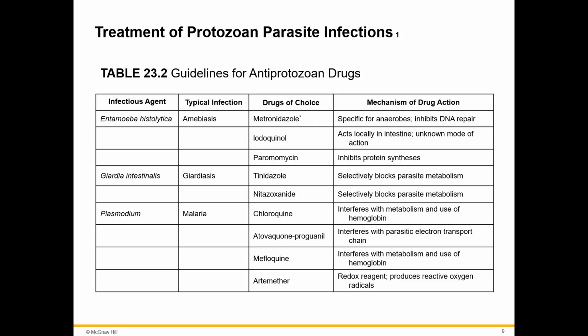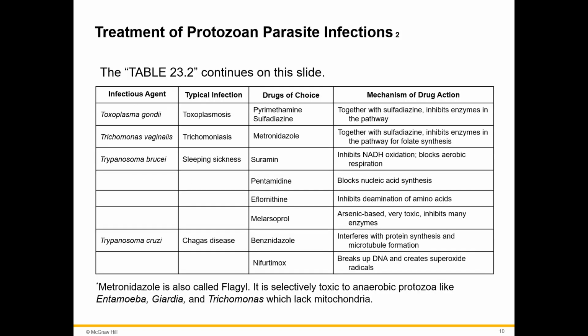Chloroquine is always related with malaria-type infections, right? So just different things to think about here. Different protozoans have different types of medications that can target them specifically, and this explains the mechanism by which they can target these particular species.